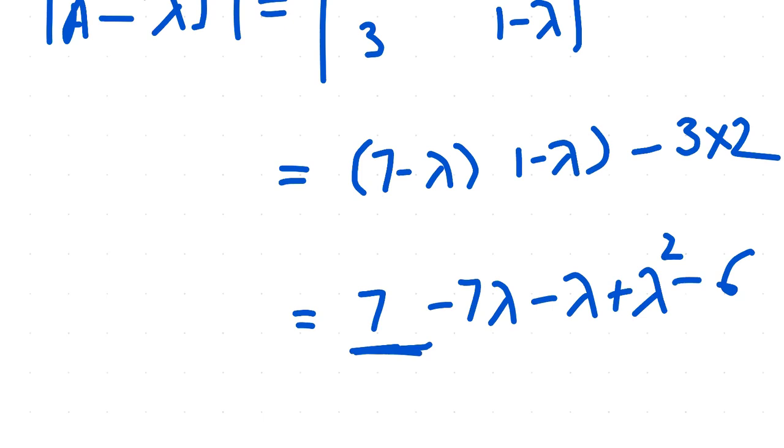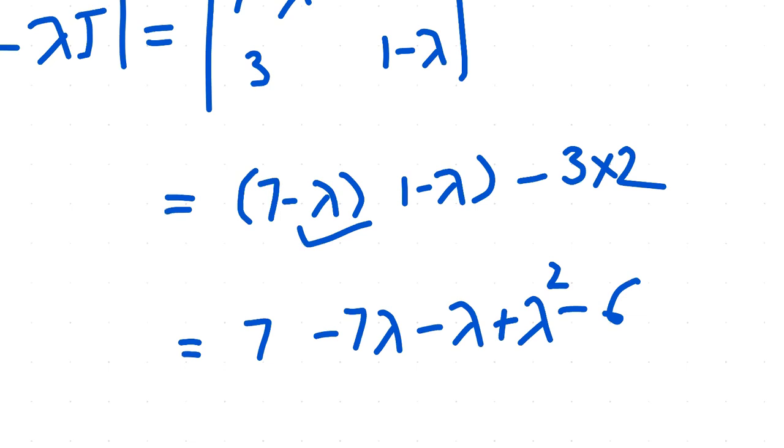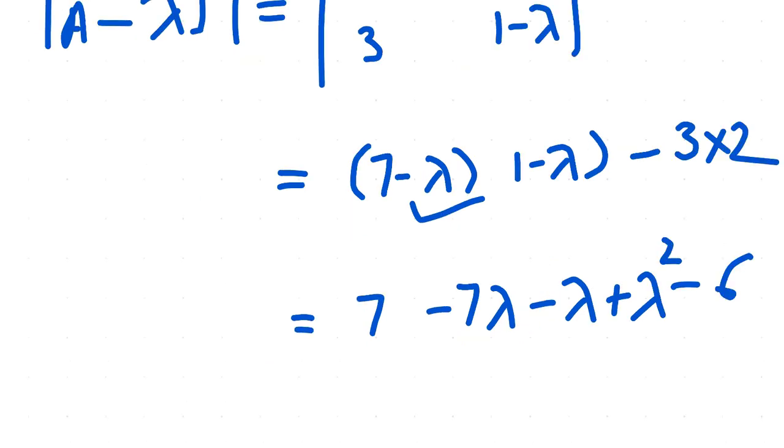Then we are multiplying this lambda with 1. So we got here minus lambda. And then multiply lambda with lambda. Then we get this minus 6.